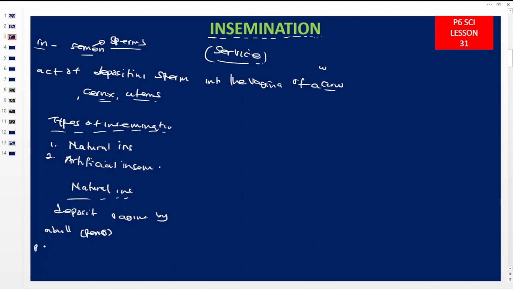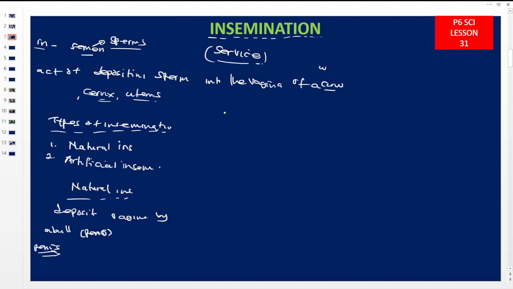We've said insemination is the depositing of semen containing sperms into the vagina, uterus or cervix of a cow. There are two types, natural and artificial, whereby in natural it is a bull depositing sperms into the vagina of this animal.